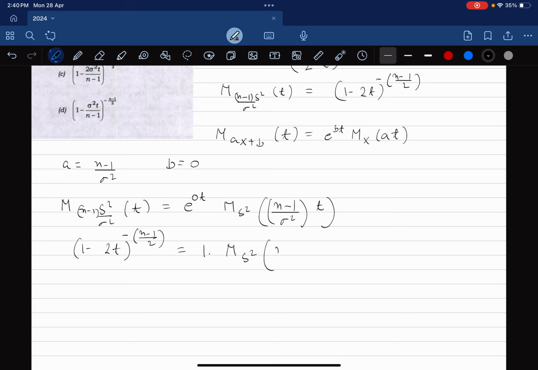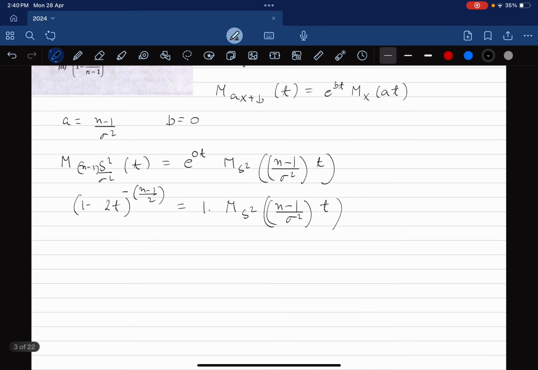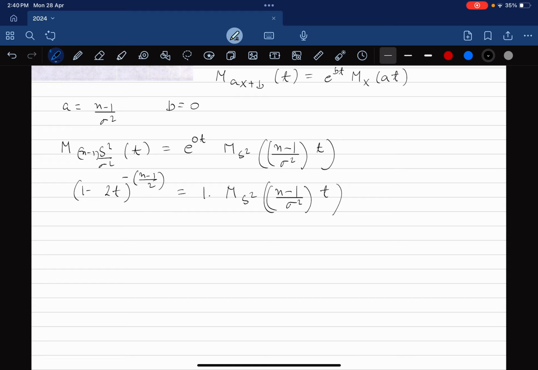Now I have to substitute a t so that I get only one variable. I want n minus 1 over sigma square into t to be a single variable, so I'll call it a. By this logic, my t will be equal to a sigma square over n minus 1.